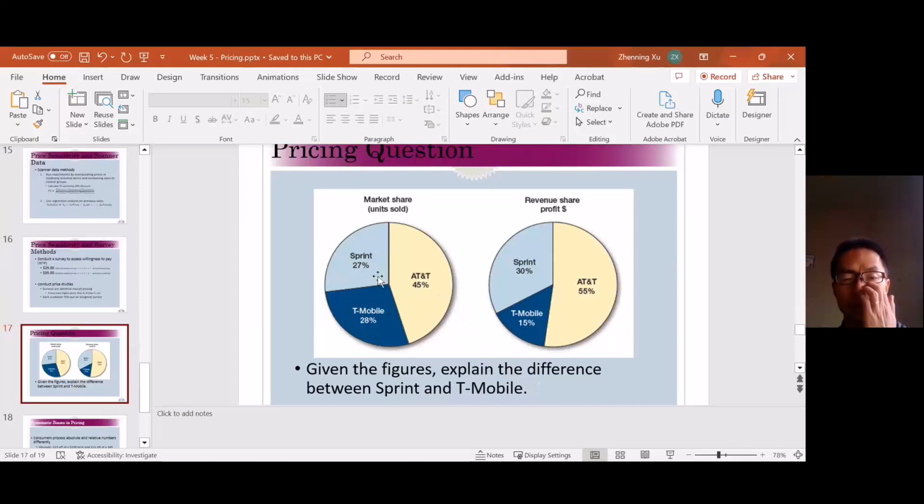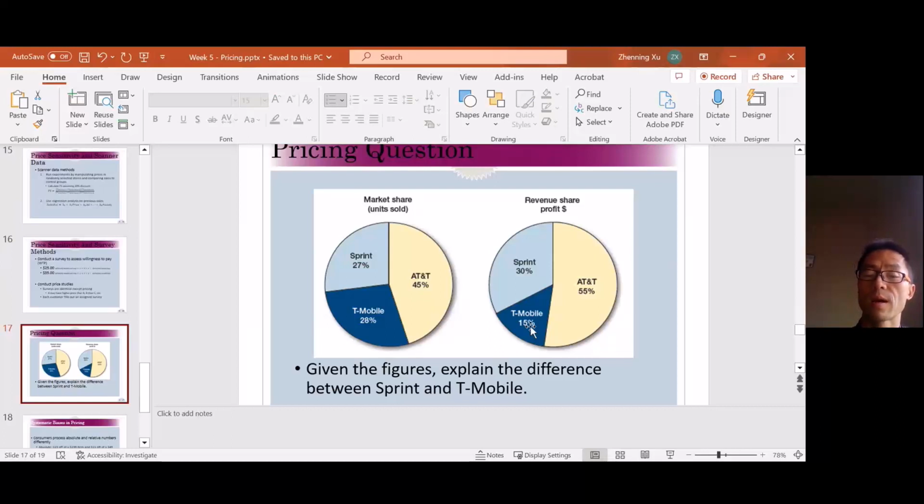Let's look at the first graph and the second graph. In terms of market share, T-Mobile has 28%. Unfortunately, for revenue share, you see that it is only about 15%. So now think about doing the math.